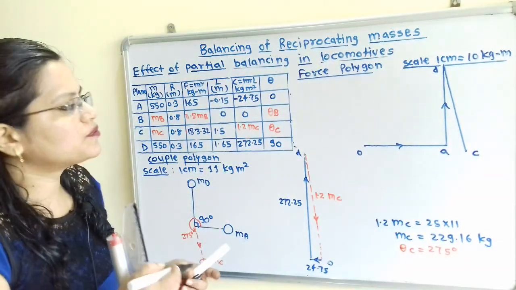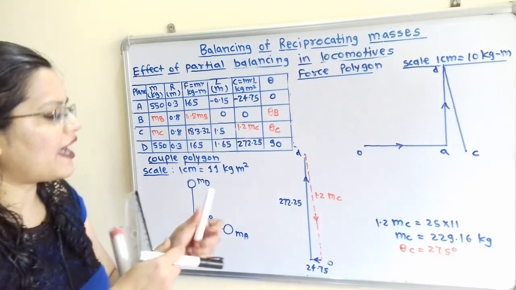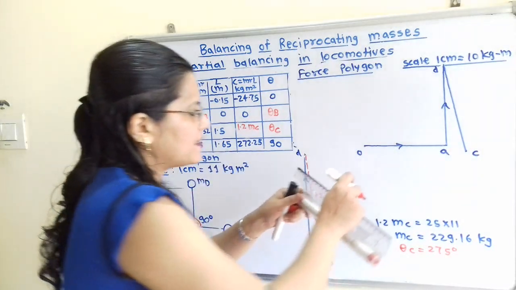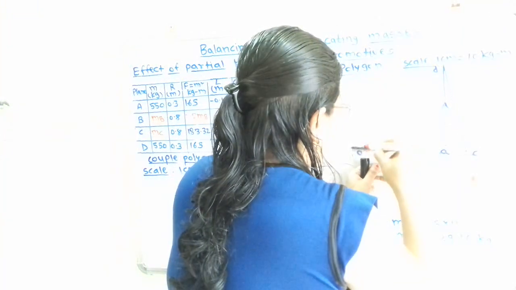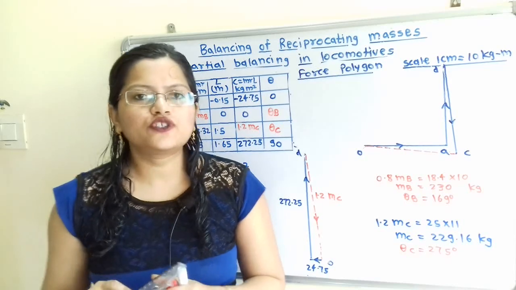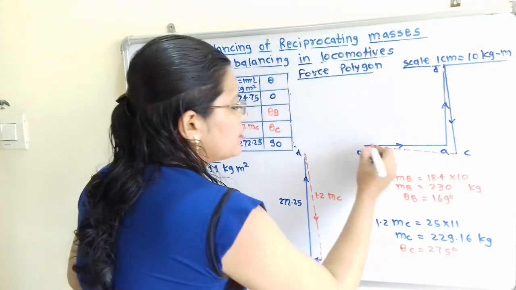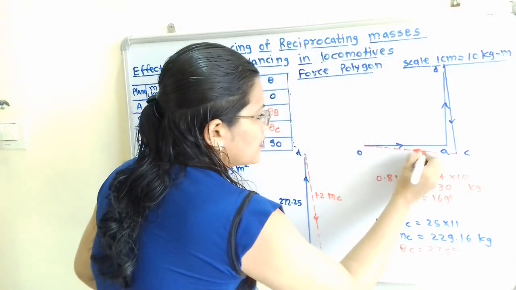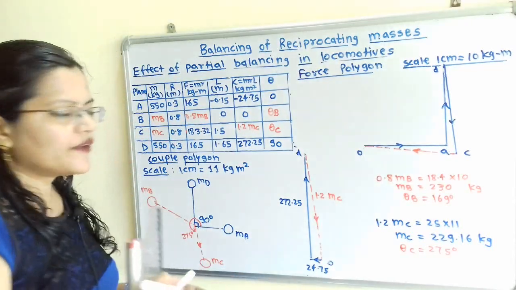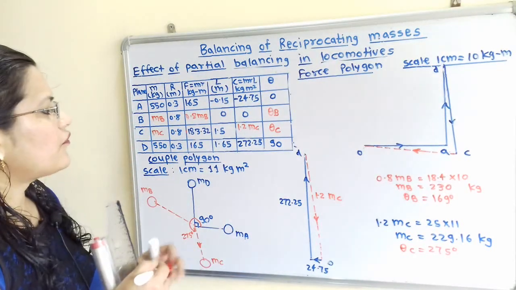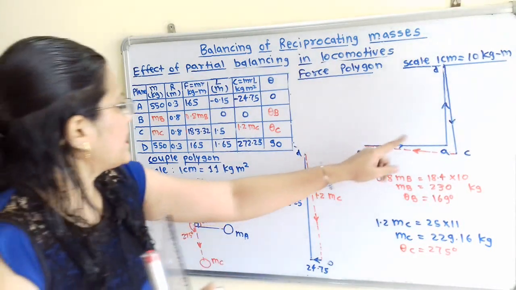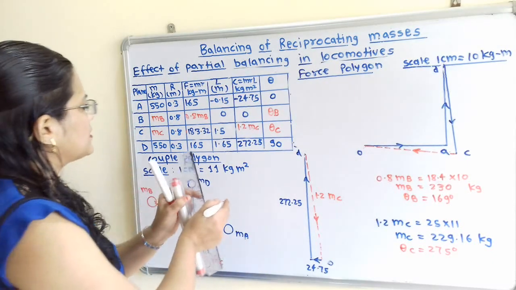And now this polygon should be closed, so we have to join these points O and C. Now we will show an arrow from this point C towards O in this direction. Now we will write the magnitudes. From O to A, the magnitude is 165.